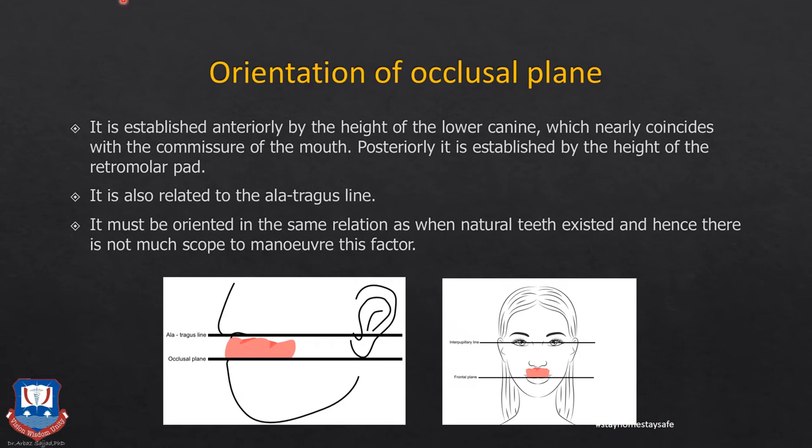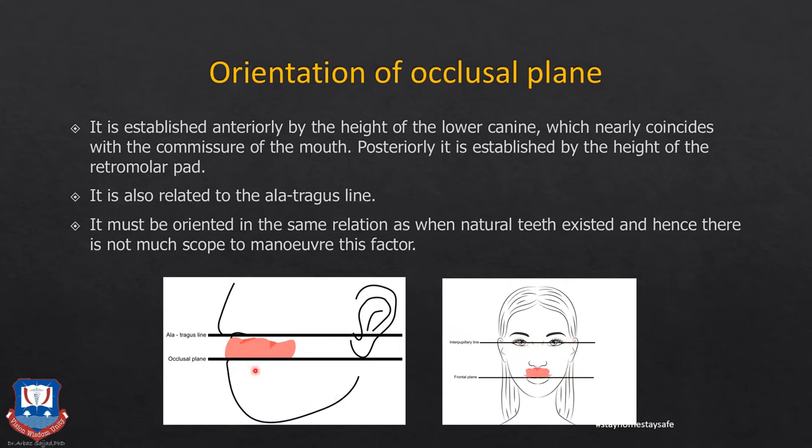So now coming to the third factor that affects the balanced occlusion, the orientation of the occlusal plane. Now, as we know, occlusal plane is the parallel contact between the upper and lower occluding rims in complete denture. Usually, occlusal plane is determined by the parallelism with the ala-tragal line in the lateral view, and in the frontal view parallelism with the interpupillary line.